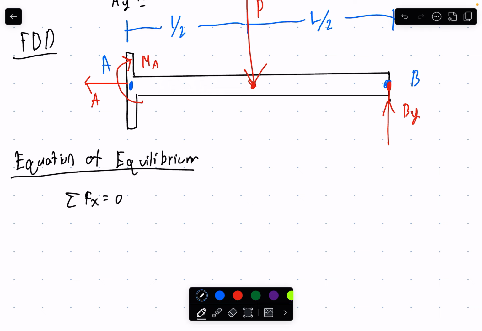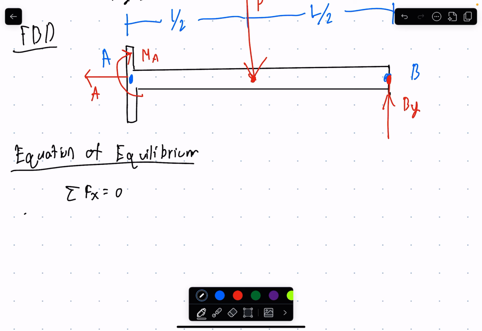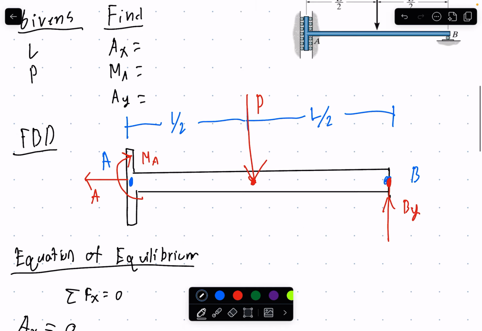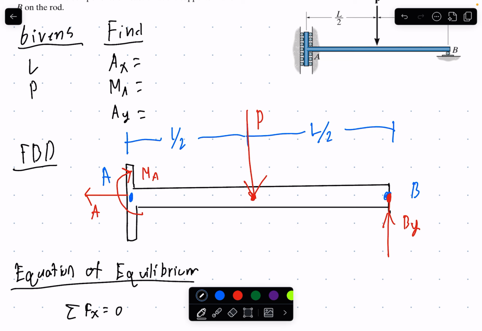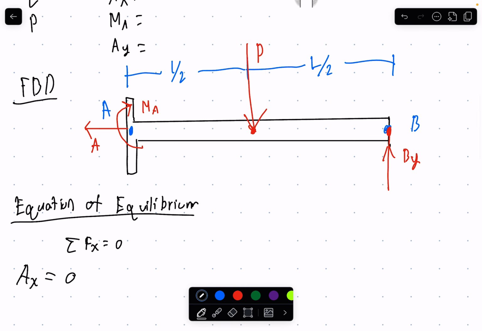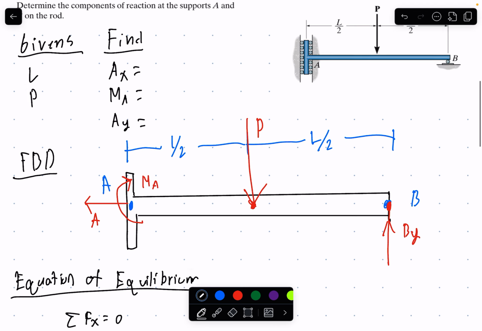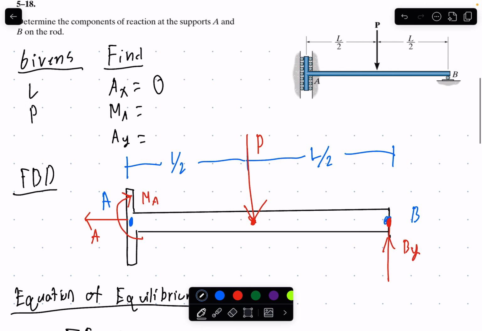We have one force acting in the x direction, Ax, and we set the equation equal to 0, and we get our first find variable, Ax. If you only have one force acting in a certain direction and it's a statics problem, you know that force is going to be 0. There's really no force acting in the x direction. This reaction here, x, really doesn't exist. That first one's going to be 0.